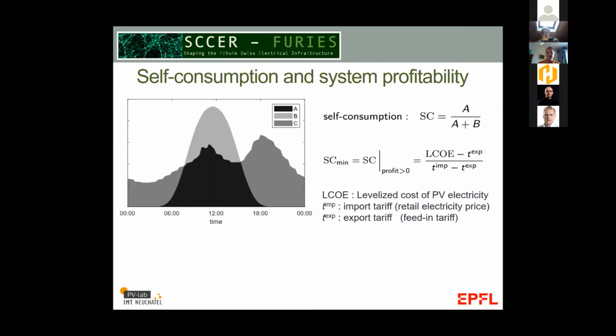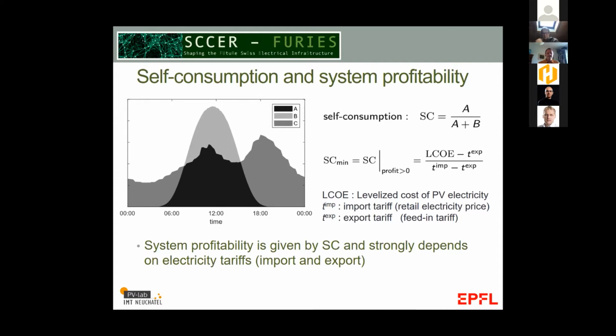The exp is the export tariff, so what you get when you export some excess energy produced by your system, and import is just the retail electricity tariff. So basically, we see that system profitability strongly depends on the electricity tariff, so import and export.